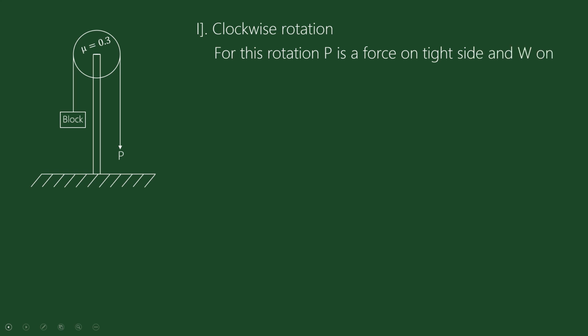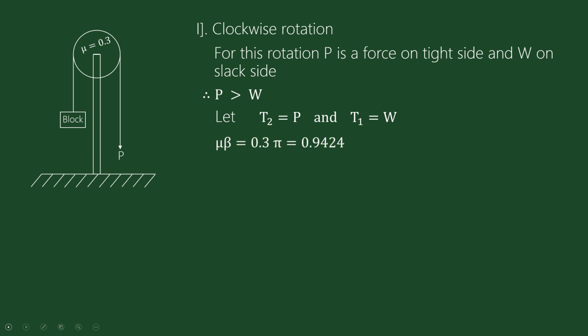It is common sense that whenever rotation is clockwise, the value of P should be greater than the weight of the block, and therefore, we can say that P is greater than W. We can assume tension on the tight side T2 is P, and tension on the slack side T1 is equal to W. For calculation, we can also find out mu beta separately, which is easy for us: 0.9424.